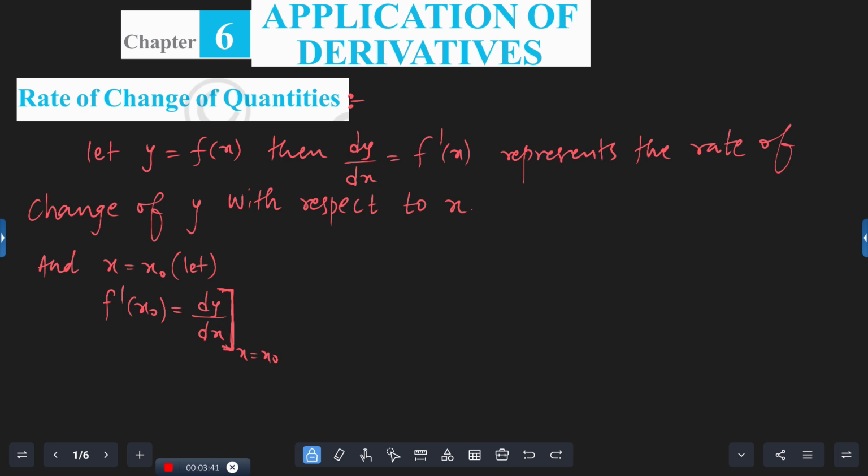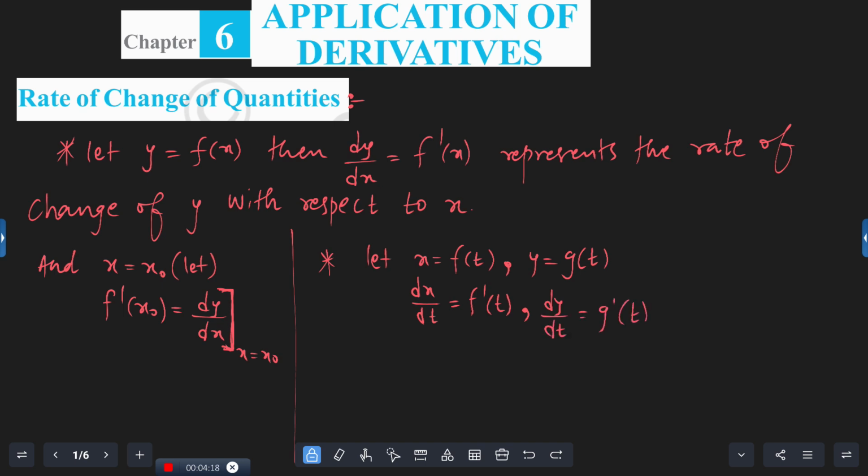Based on this, we know some chain rule and all we are using. Suppose we have two variables, this is point number 1. Point number 2: let x is equal to f of t, and y is equal to one more function, g of t. If you want to find dy by dx now, what will you do? We differentiate: dx divided by dt is f dash of t, and dy divided by dt is g dash of t.